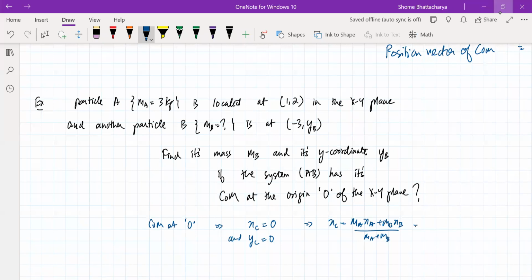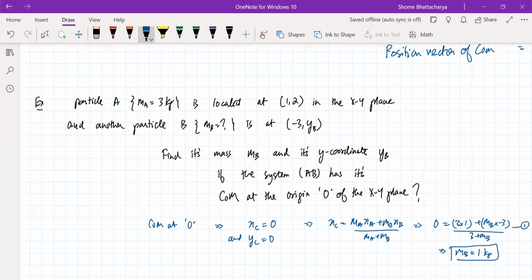In this formula, there's one unknown, the mass of b. So 3 kgs multiplied by 1 plus the unknown mass multiplied by minus 3, divided by 3 plus mb should be 0. So this is our first equation, and this will give us that mass of b is equal to 1 kilogram, because the numerator has to become 0 on the right hand side.